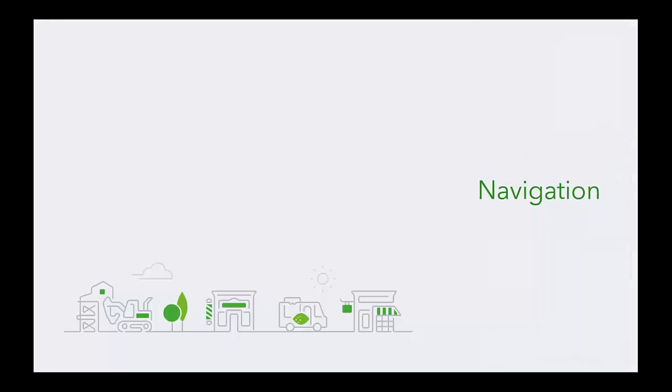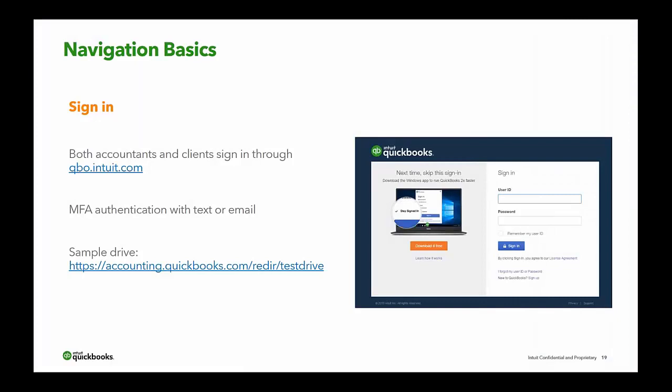Awesome. So now, the next thing I want to go over is navigation. First things first, I'd like to talk a little bit about navigation basics. So we have the sign-in option. Once you actually have QuickBooks Online Accountant, you're going to sign in at QBO.intuit.com. So both accountants and clients sign in through this portal, okay?